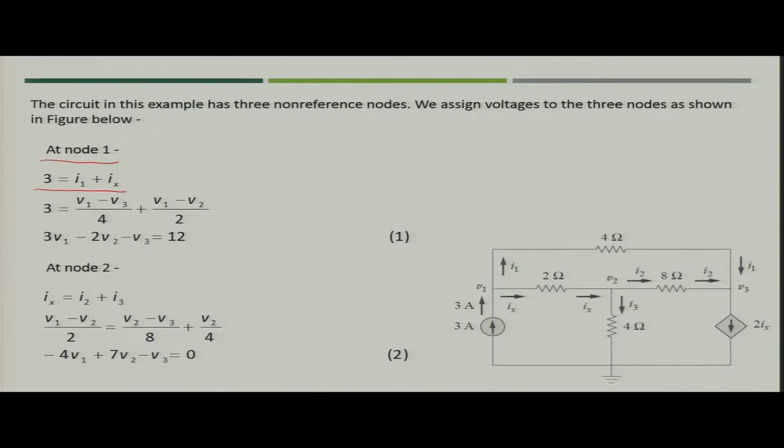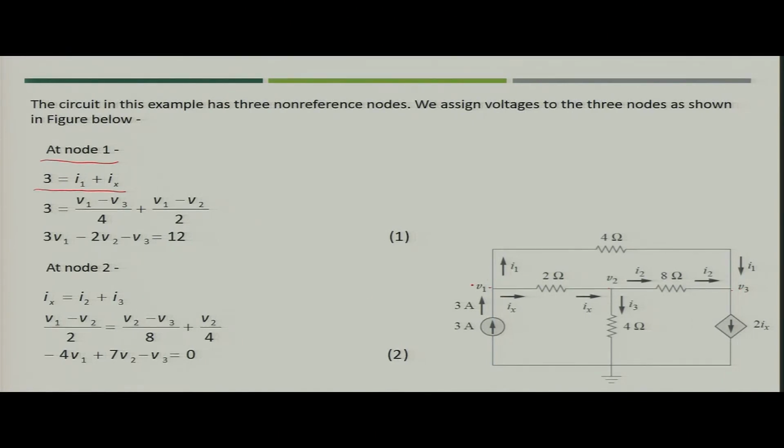Now, you have written this in terms of current. Convert them in terms of voltage. You have assigned the node voltages as V1, V2 and V3. That means you need 3 equations to solve, because you now have 3 unknowns V1, V2 and V3.